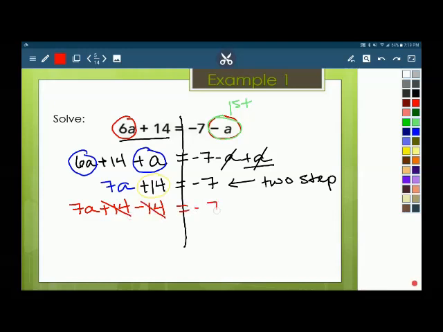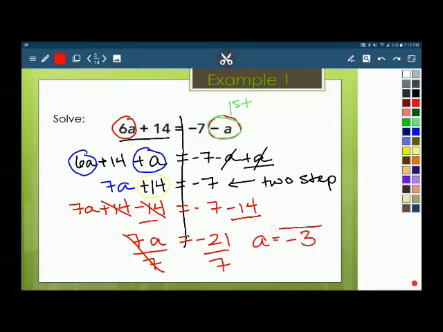Whatever we do to one side, we have to do to the other, so we subtract 14 from both sides. So we have 7a is equal to, make sure you're using your number line, start at negative 7 and then subtract 14 by going left 14 units. That means you're going to get negative 21. Then the last step, divide by 7. Negative divided by positive is negative, and 21 divided by 7 is 3. And there's your final answer.